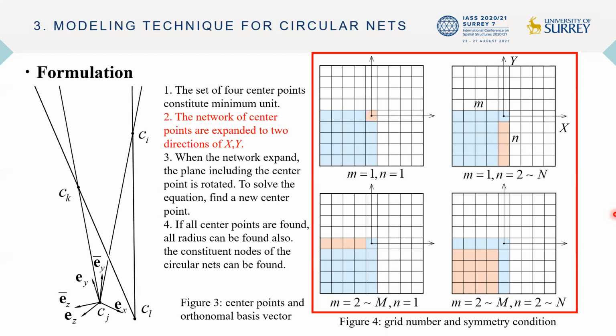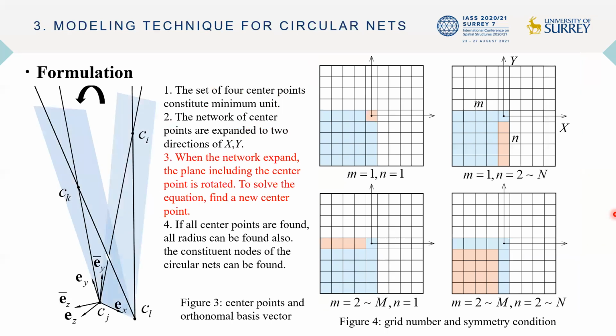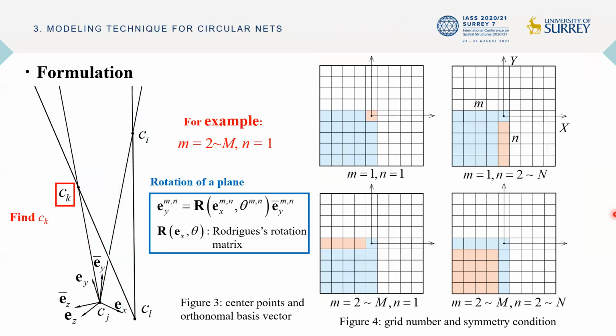Support points of the curved surface are always defined in the same plane by mirror reversing coordinate values of constituent nodes, in consideration of symmetry conditions. When the network expands, the plane including the center point is rotated, and a nonlinear equation is solved to find a new center point.